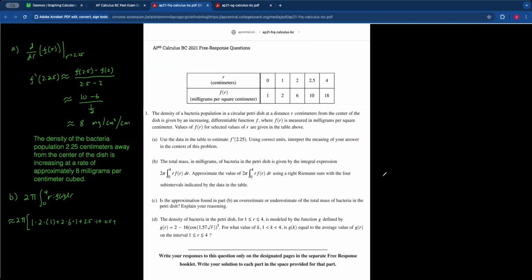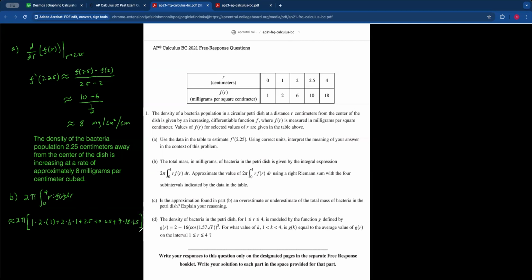And then the last interval, we're going to have the radius, which is 4, times f of 4, which is 18. And then we're going to multiply by the interval length here, which is 1.5, like this.